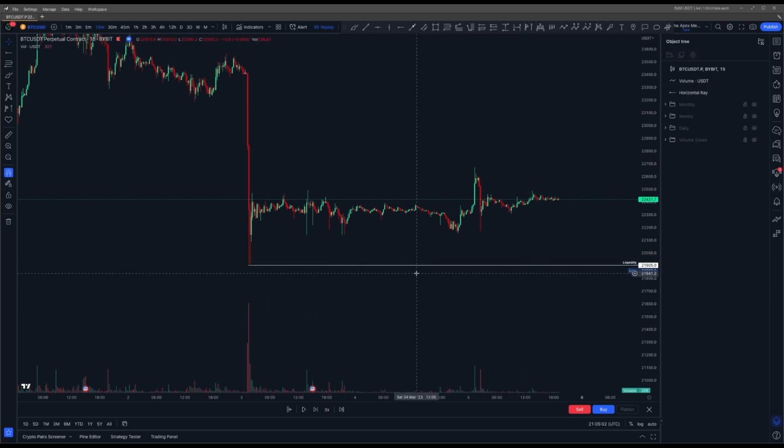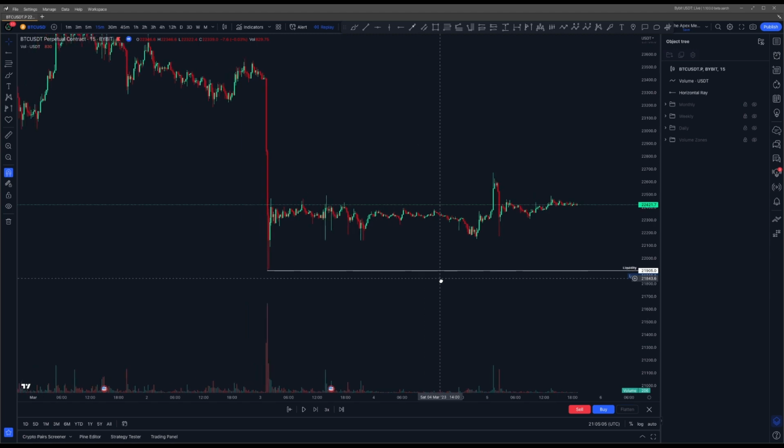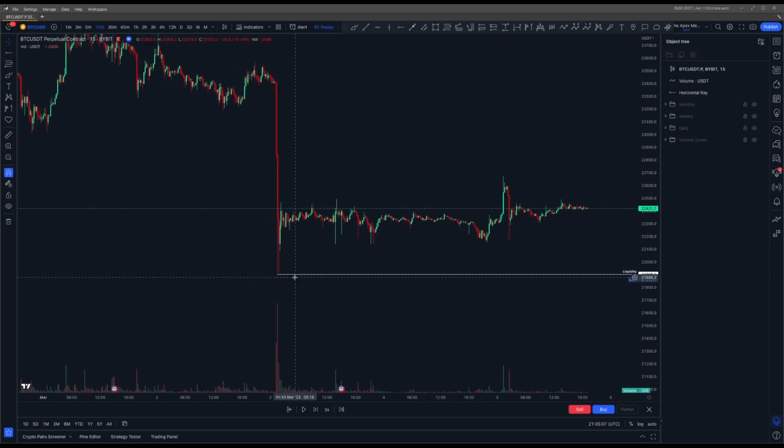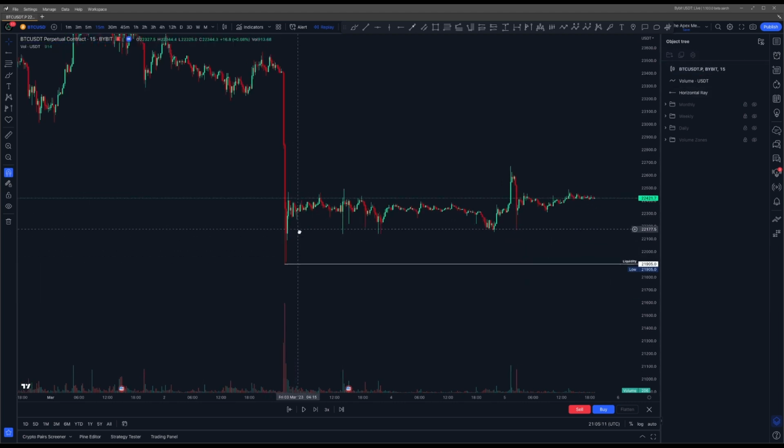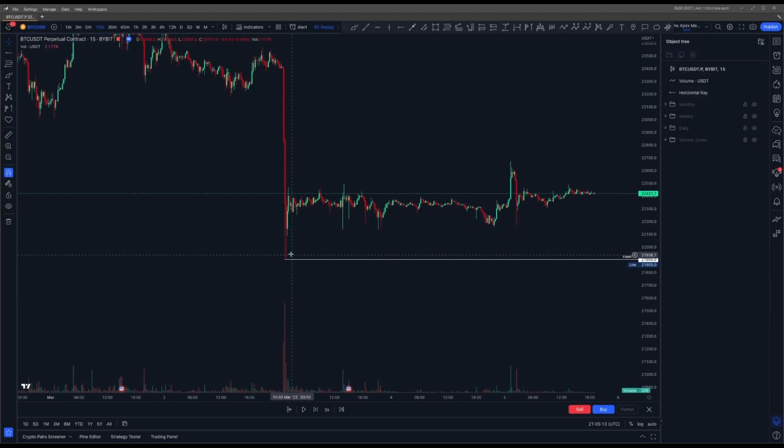Why have I said that this is liquidity? Well, for a start, we know that for the price to return here, a large amount of money will have had to have been placed in order to be able to reverse price. The problem is when the price comes down this fast, there's very low liquidity left here, which means that the price can actually move up quite quick again.